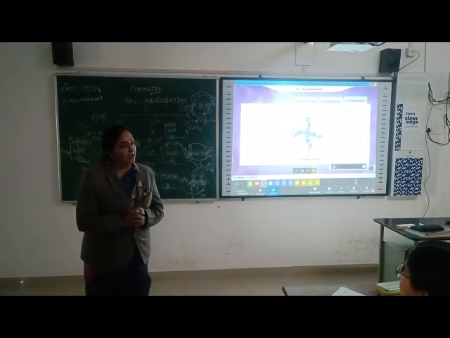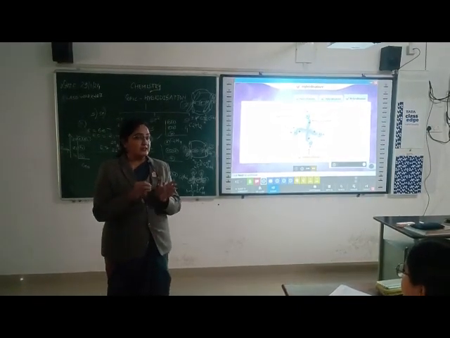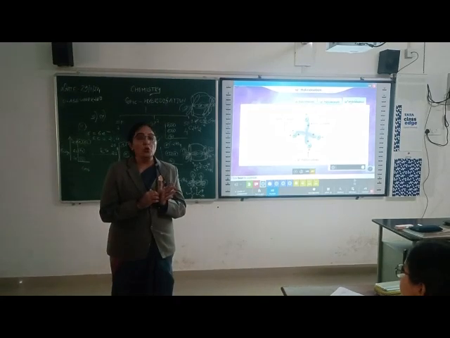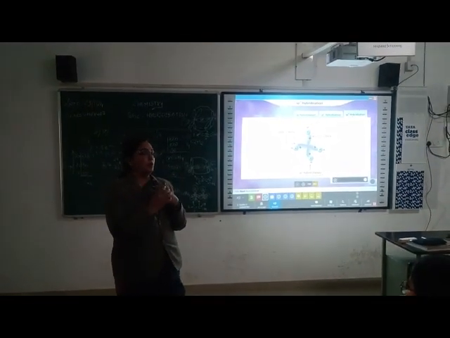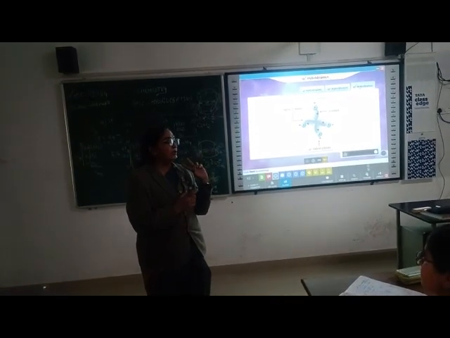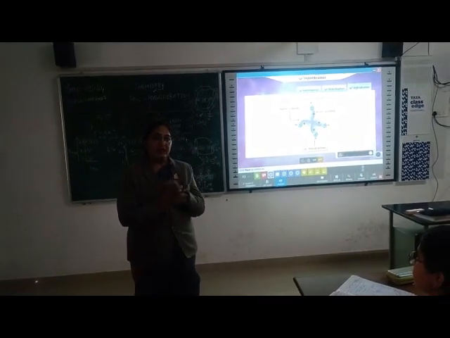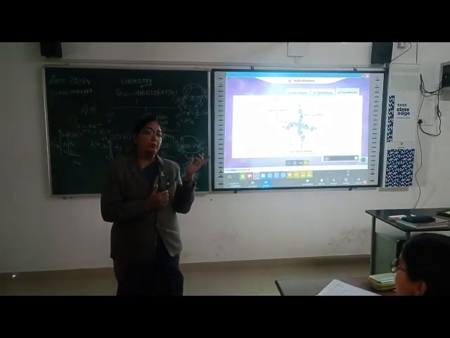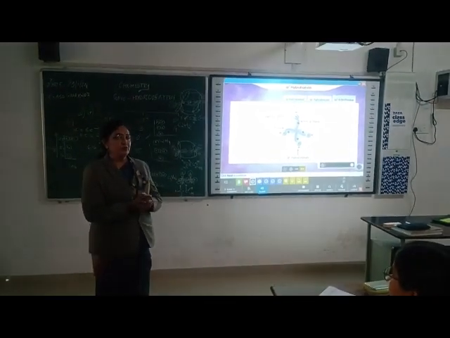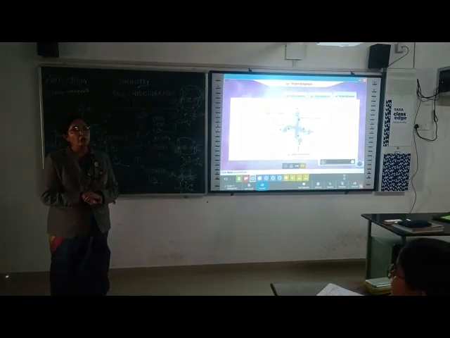Carbon. It shows SP when a triple bond is present between two carbons. In a triple bond, one is sigma and two are pi bonds. When double bond, one sigma and one pi bond. And you know that C2H6 has all sigma bonds.